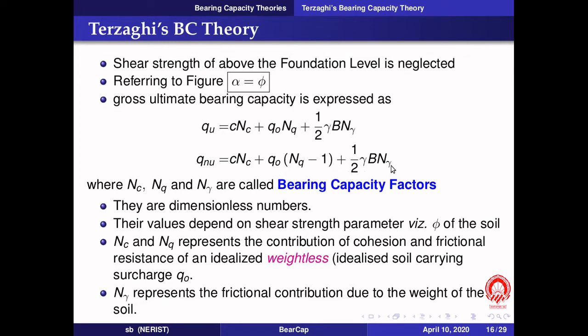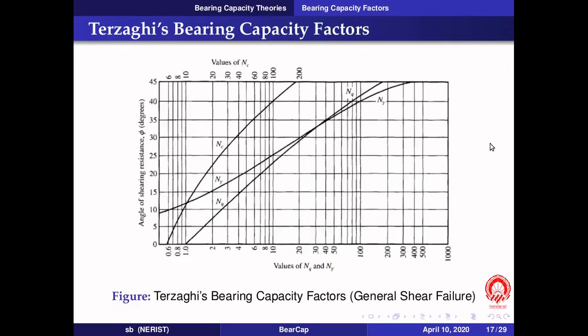This is the form of bearing capacity equation given by Terzaghi and also given by other researchers. The only difference is that the values of these bearing capacity factors differ from researcher to researcher, author to author. Now these are the values of bearing capacity factors given by Terzaghi for general shear failure condition.